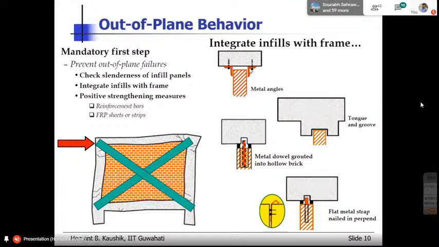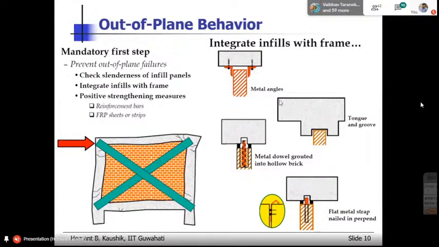These metal angles can prevent the out of plane failure of these walls. These are small angles. Imagine that out of plane is a stability problem. So even with a very small minor arrangement to prevent this out of plane loading, you can actually succeed. So this is another method.